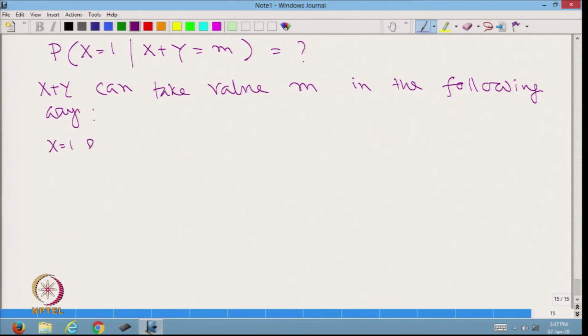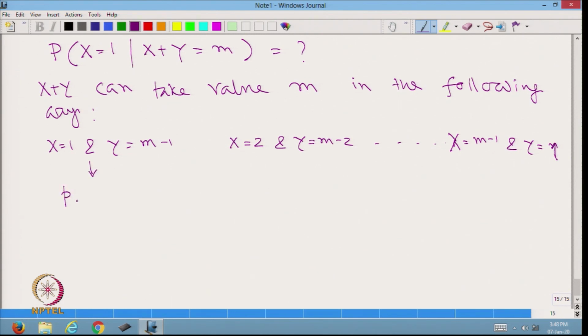x is equal to 1 and y is equal to m minus 1, x is equal to 2 and y is equal to m minus 2, up to x is equal to m minus 1 and y is equal to 1. So, what is this probability?